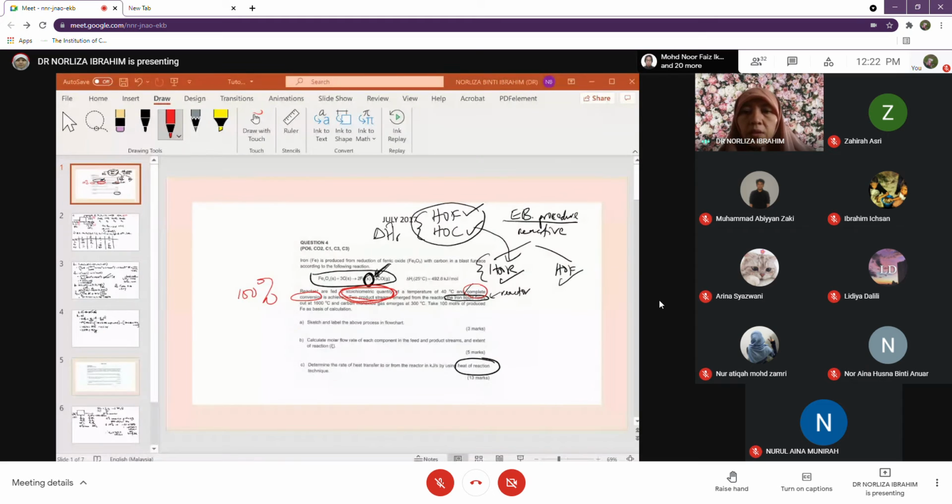Okay, your reactants are fed in stoichiometric quantity. Wait, let me enlarge this a bit. Why can't I do this? I should not pin this.